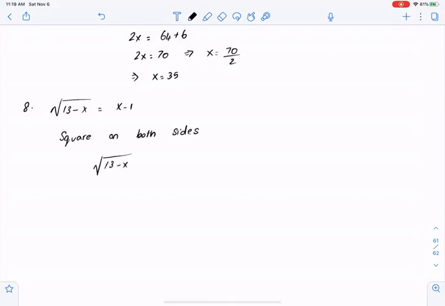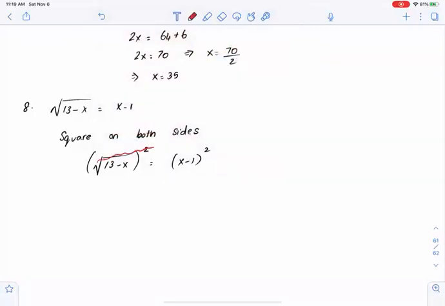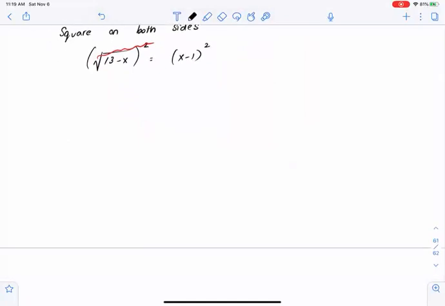So the square root of 13 minus x squared would be equal to x minus 1 squared. The root and the square will get cancelled. So we would have 13 minus x equals, I have x minus 1 squared.